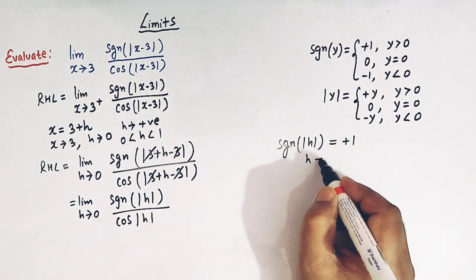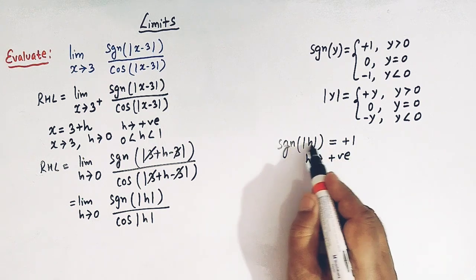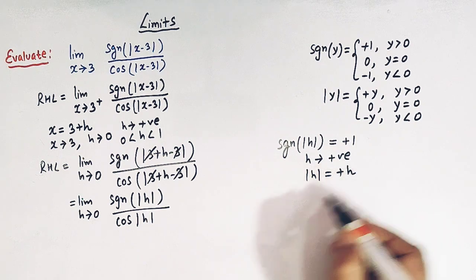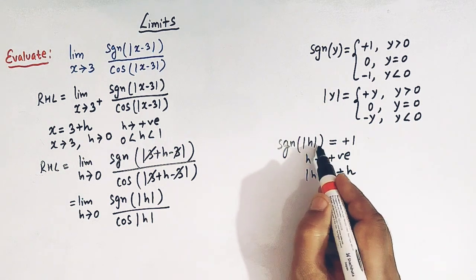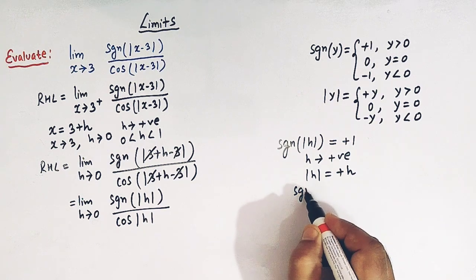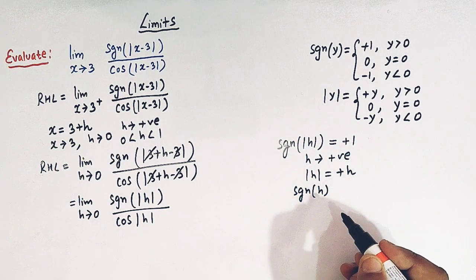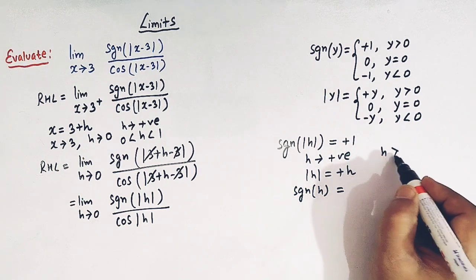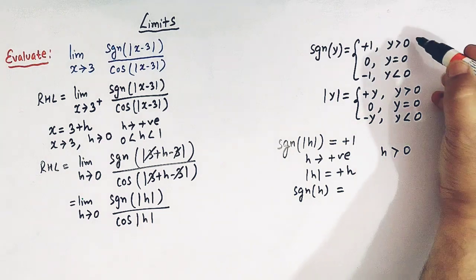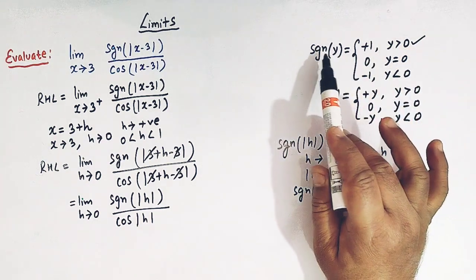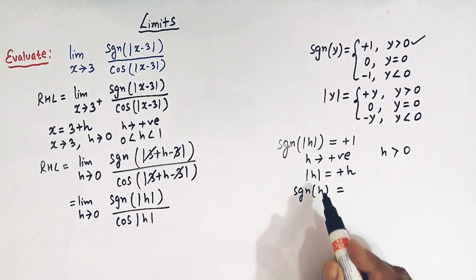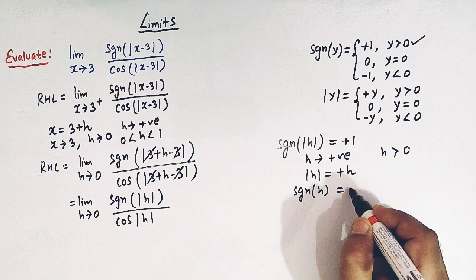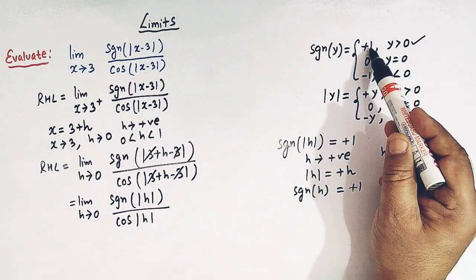Because h is positive, so mod of h can be written as simply positive h. So signum of mod of h can be written as signum of simply h, and this h is greater than 0. Here I will use the definition of signum function, so since h is greater than 0, signum of h takes the value plus 1, right?